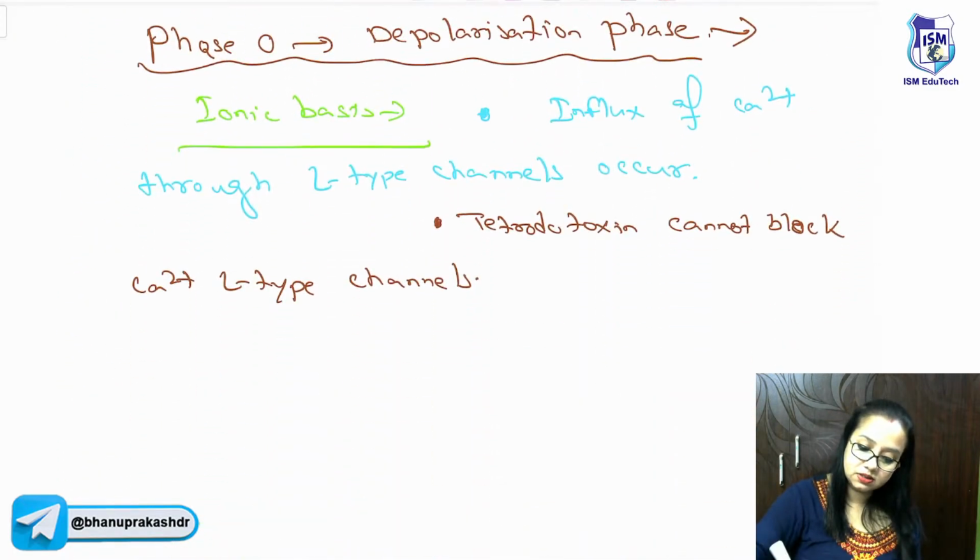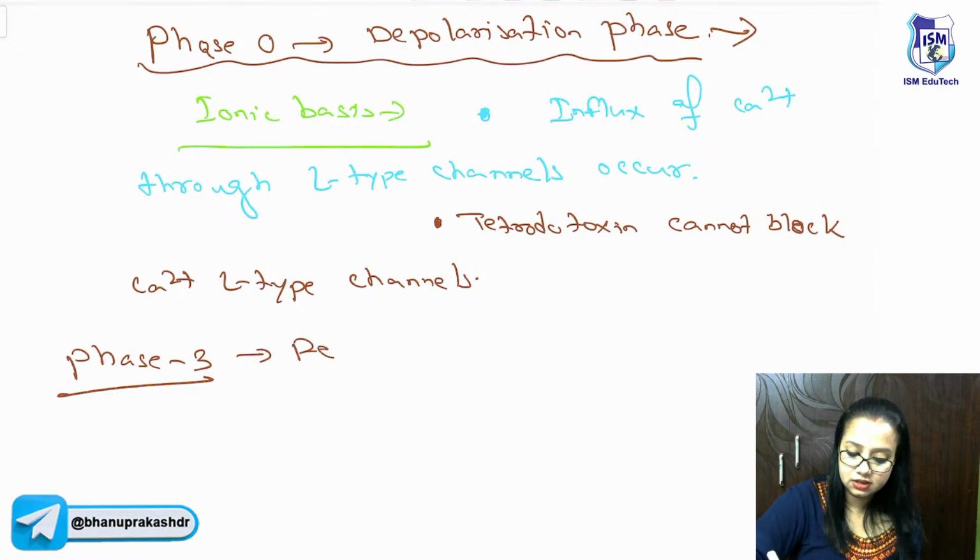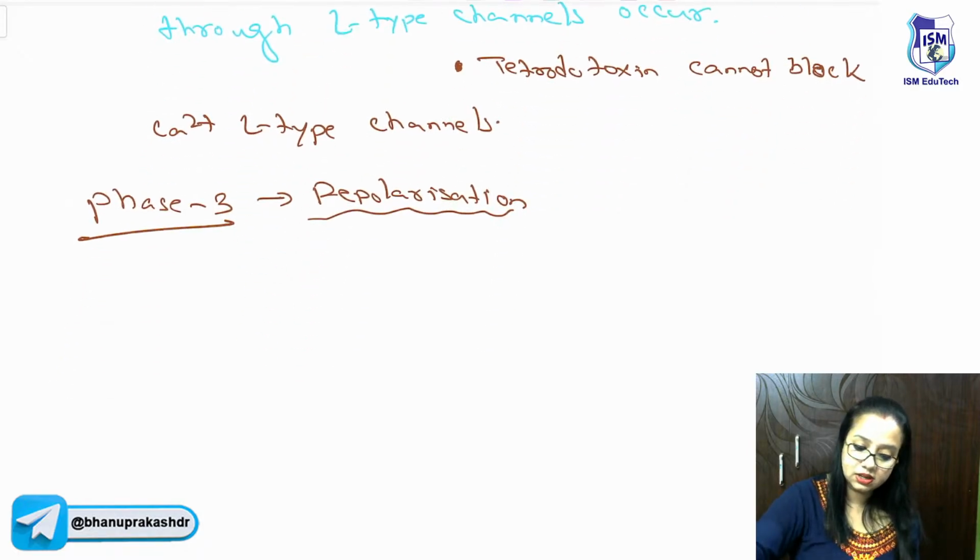So, what happens in phase 3 now? Phase 3 is the repolarization phase. So, in the repolarization phase, what is the ionic basis?